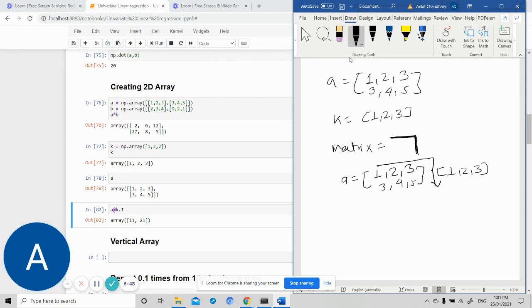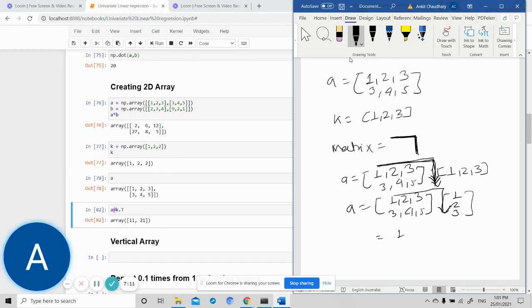In order to follow this convention, we need to transpose our matrix. Now if we transpose our matrix, we can simply multiply this by this.